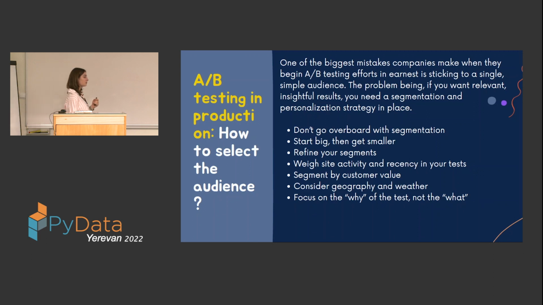You should always know who your audience is. Start big, then get smaller. Sometimes in production I've seen that they target 20% of the audience, and they see no significant difference among the experiments, so they start to split all the experimenters by country, by gender, by every stat, just to see something in the experimentation.